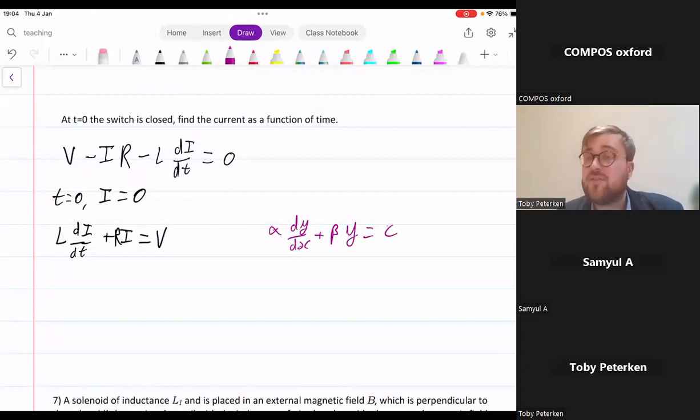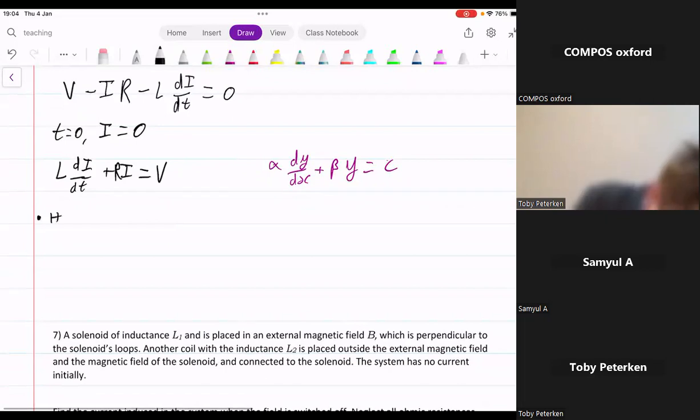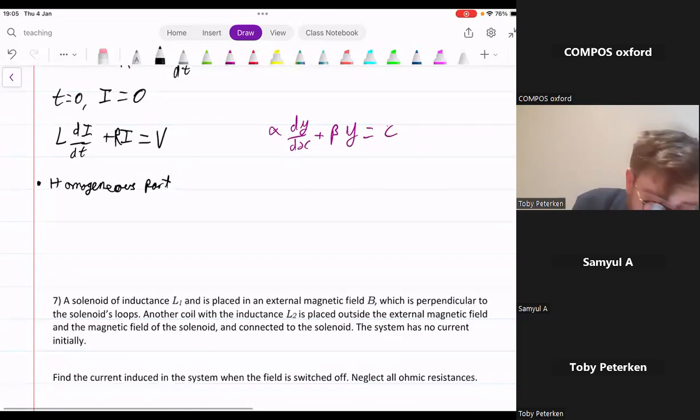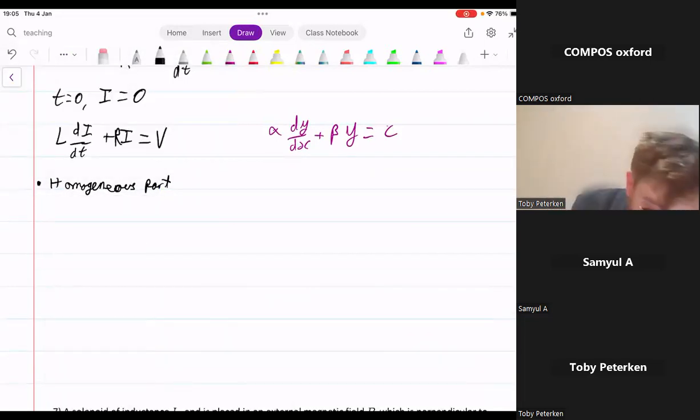It's the same kind of differential equation, just different letters. So there are two parts we need. Firstly, let's solve the homogeneous part, which is L di by dt plus Ri equals 0.